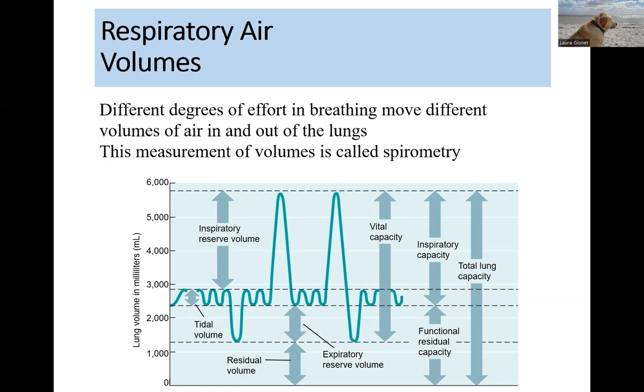But what if I only have one lung? Or if I had some kind of pathology there, these values are going to change. When you have some kind of pulmonary disease, these values, especially the inspiratory and expiratory reserve volumes, are going to change. So the total of all you can take in and all you can exhale is called vital capacity.